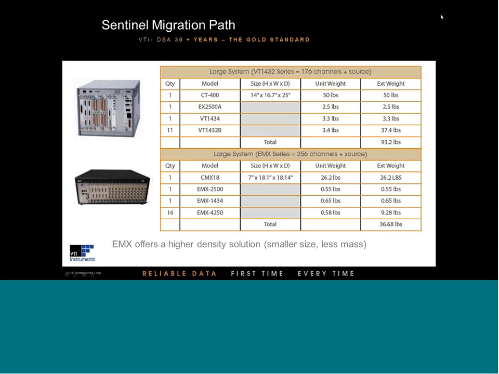An equivalent 18-slot chassis in our EMX series gets more channels at almost a third the weight and a much smaller size. So we get a lot more density, and it's easier to manage, not only for more channels in the same space, but also easier to move the hardware around. That was one of the things that we wanted to achieve with the EMX hardware. Next slide, please.